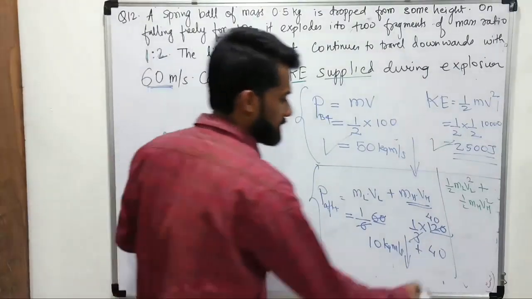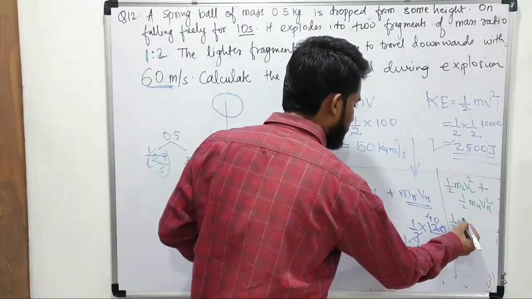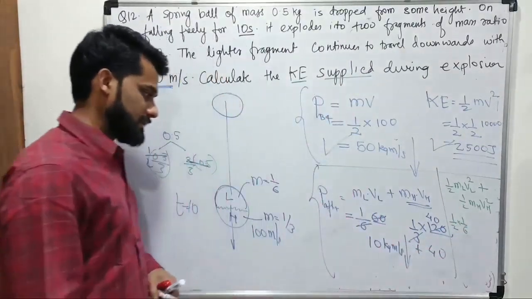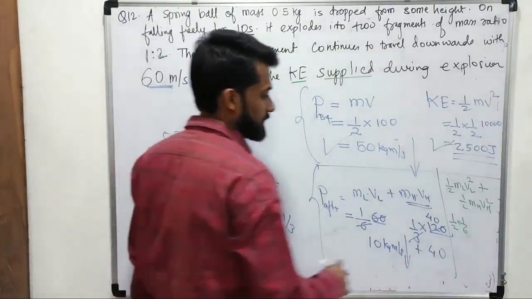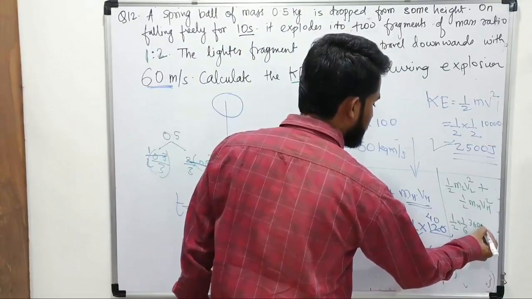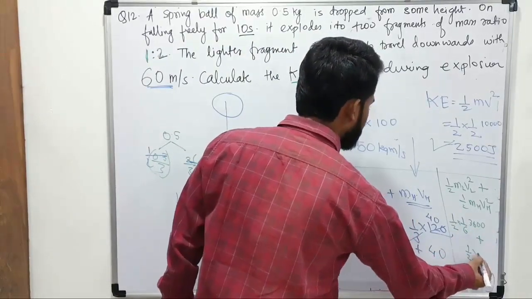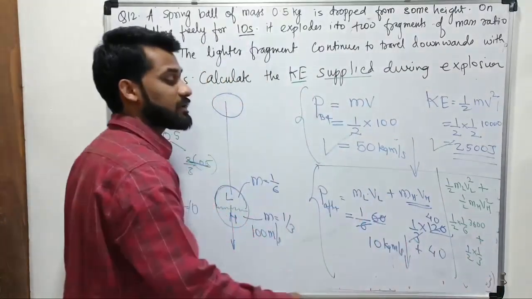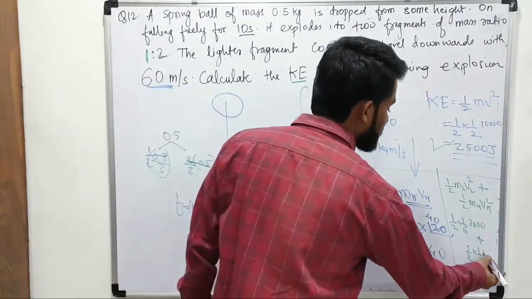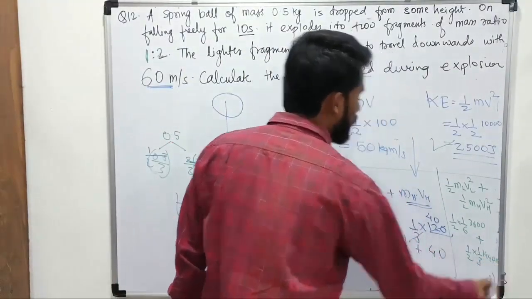If you add them, half of the lighter particle's mass is 1/6, right? It is 1/6, and its velocity is 60, whose square is 3600, plus half the mass of the heavier particle is 1/3 into its velocity squared, 120 square, which is 14400.